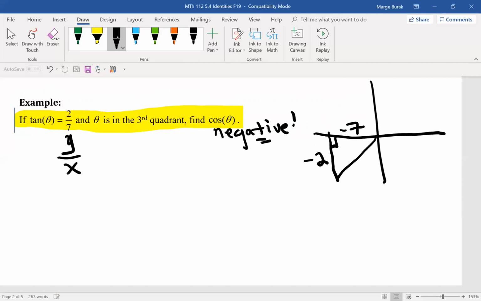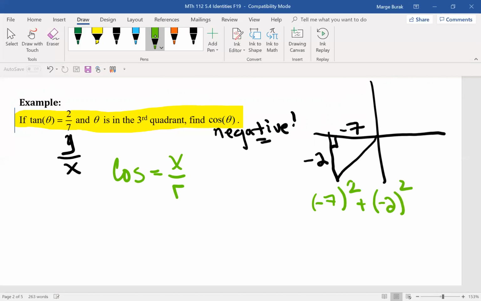Okay, so all we need is our radius, because the cosine equals x over r. All right, so all we need is our Pythagorean theorem. So let's do -7 squared, oops, plus -2 squared equals r squared. 49 plus 4 gives us 53.